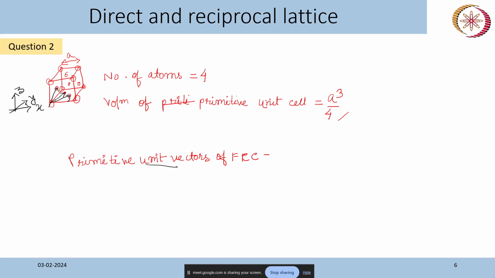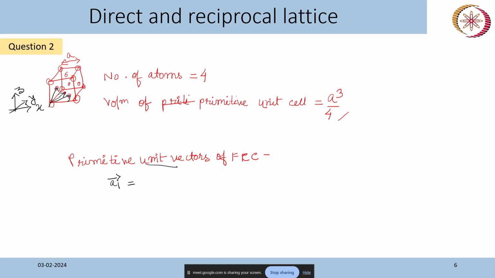So it will connect the next nearest two atoms. Let's say this is A1, this is A2, and this is A3. So for A1, this whole distance is A. In the x direction, the x component will be 0 because this is in this plane.